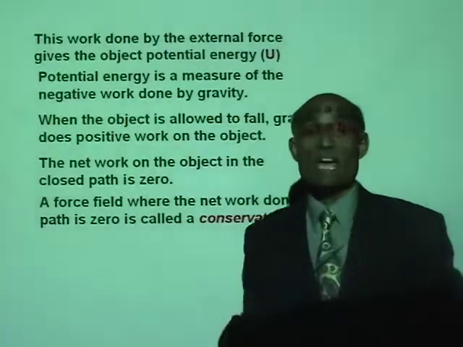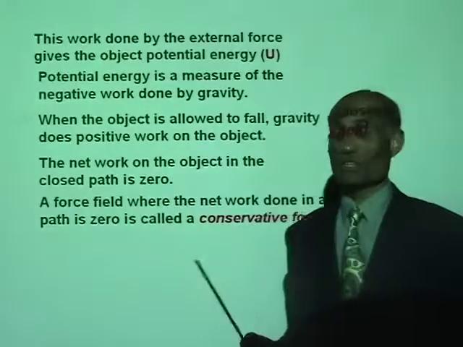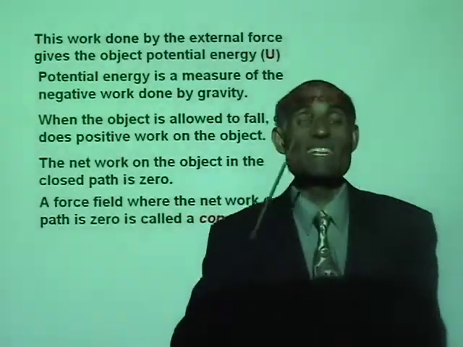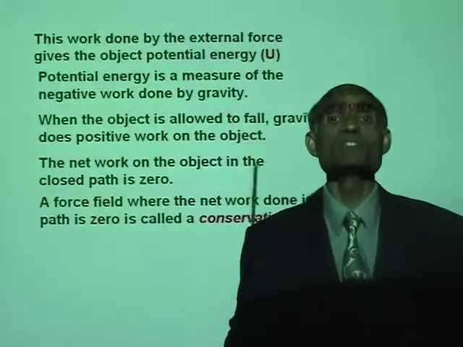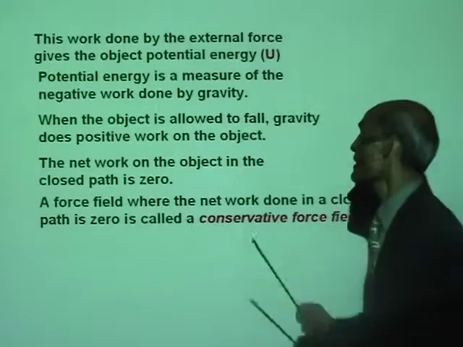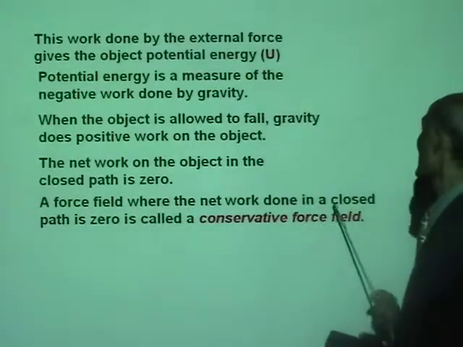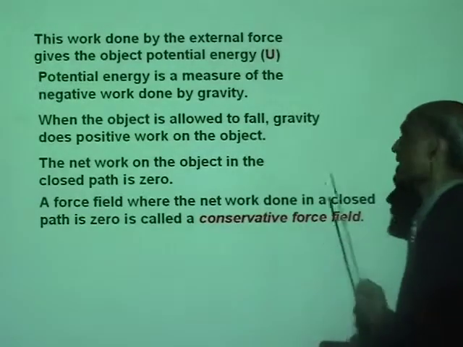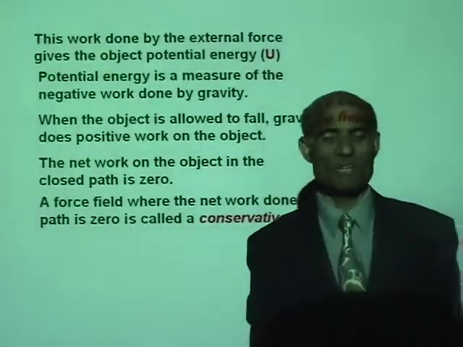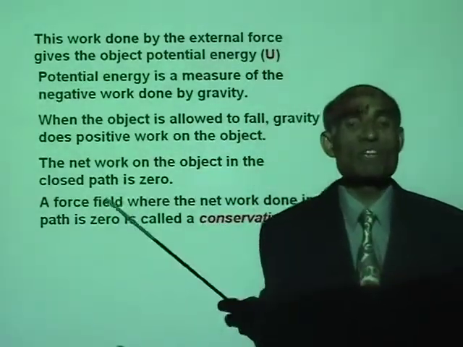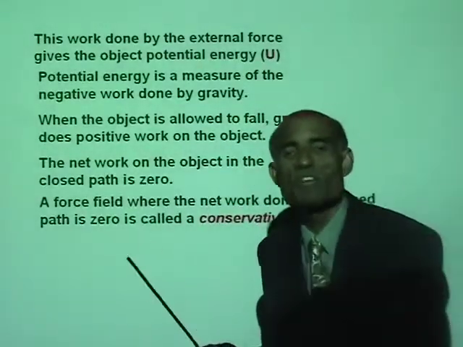Now, you need to understand this statement. A force field where the net work done in a closed path is zero is called a conservative field. Gravitational field is a conservative field.